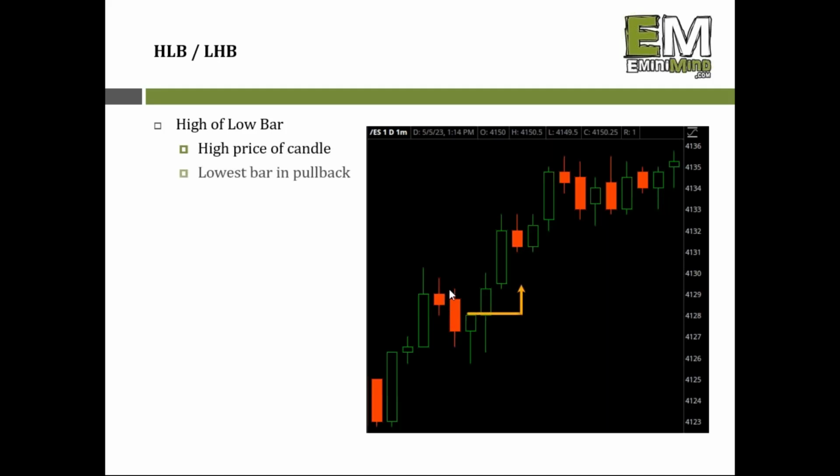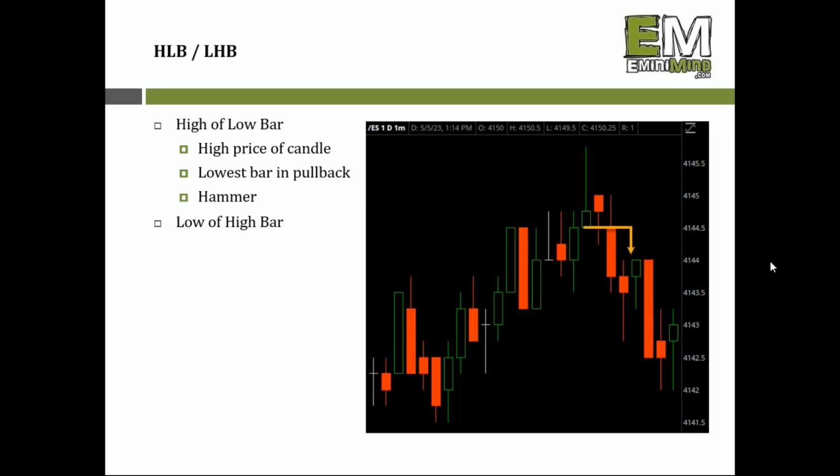So getting long above the high price of the lowest bar in the pullback, and on the flip side, we're going to be looking for the low of the high bar, which would mean selling one tick below the low price of the highest bar in the bounce.